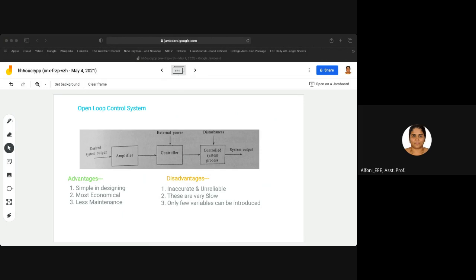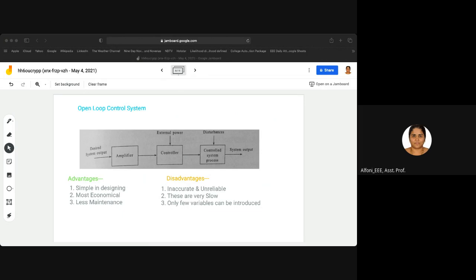And also, we have to control these systems manually, so we can say that these systems are very slow. The control adjustment depends on human judgment and estimates, and it is not easy to estimate the variations in the atmospheric or environmental conditions.